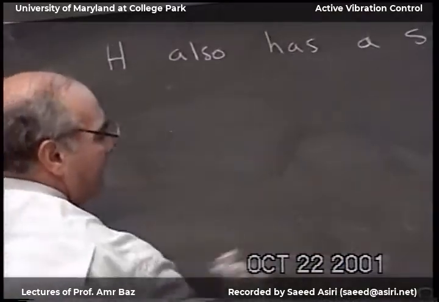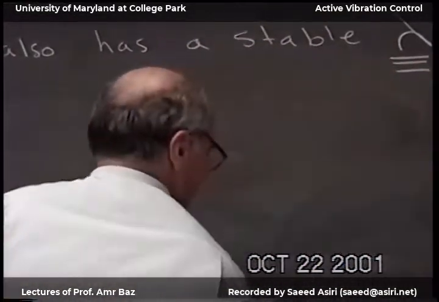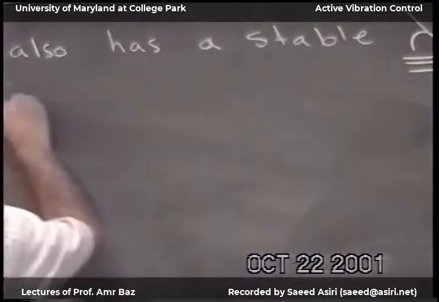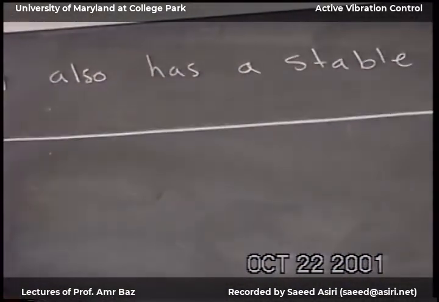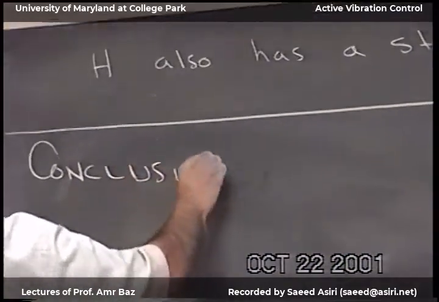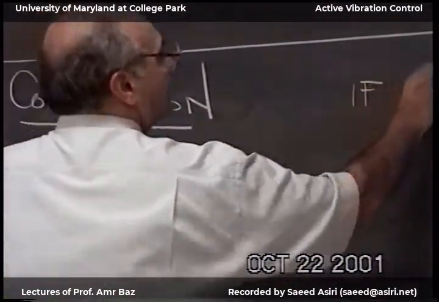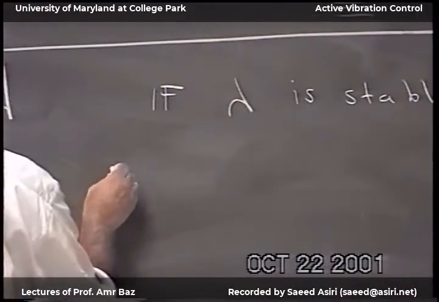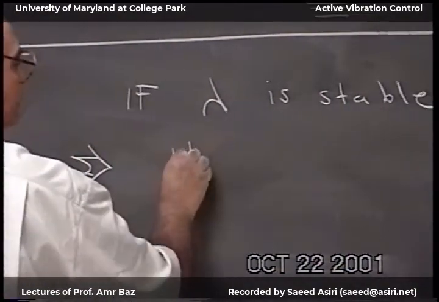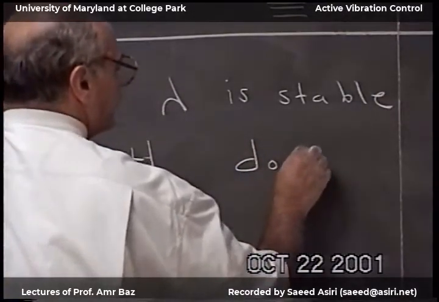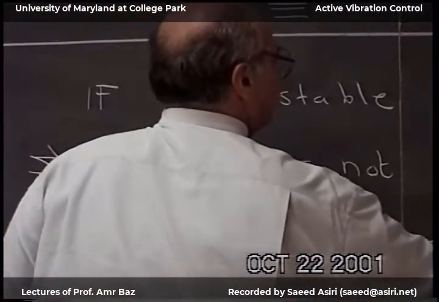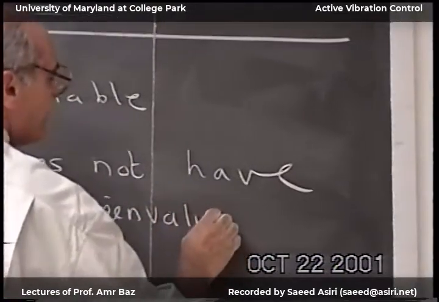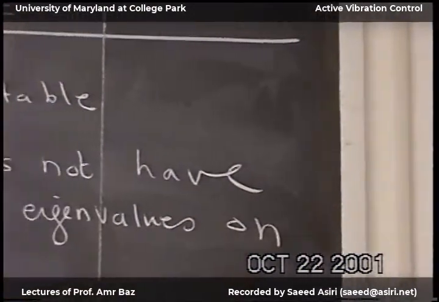Okay, and the final conclusion of all this, if lambda is stable, then H does not have any eigenvalues on the imaginary axis.